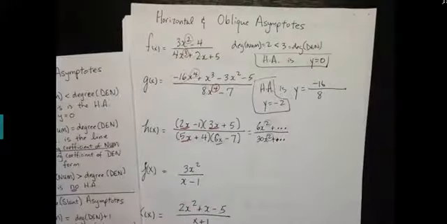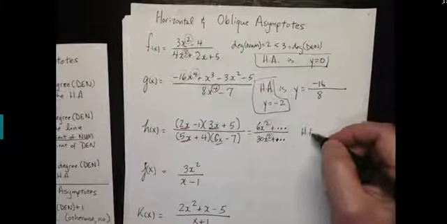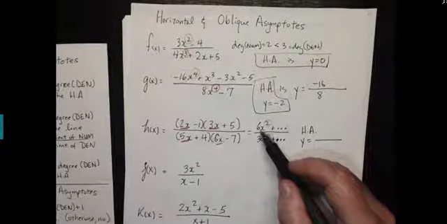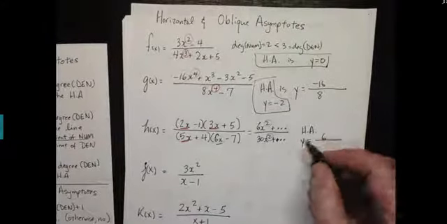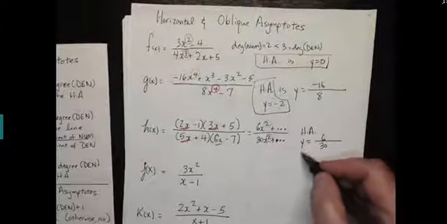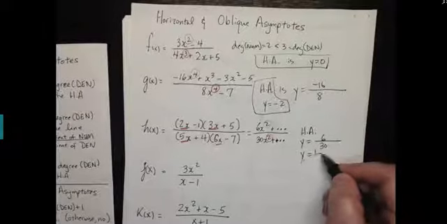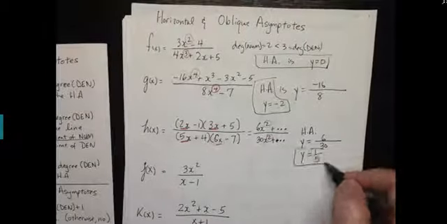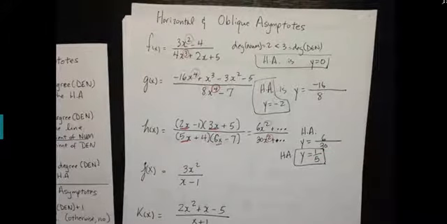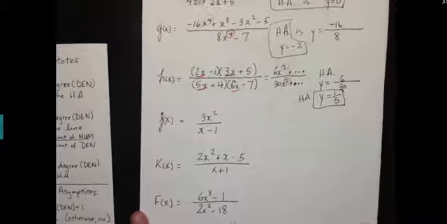And so I do have a horizontal asymptote. And it's the equation y equals the leading coefficient of the numerator divided by the leading coefficient of the denominator. But in lowest form, that's going to be 1/5. So for that one, it's y equals 1/5. All right, now what about this guy?